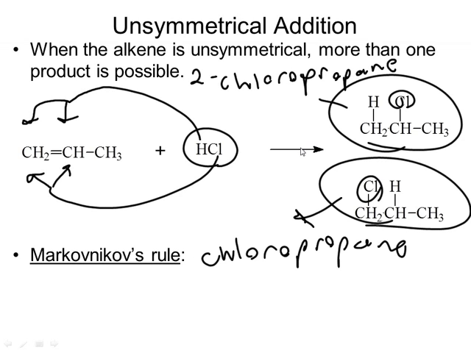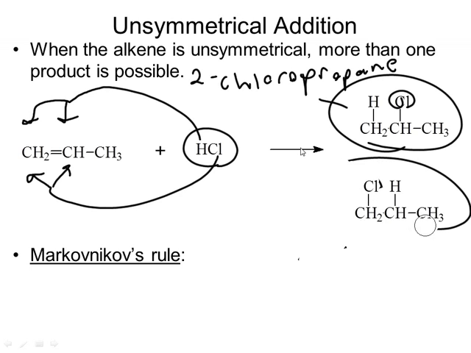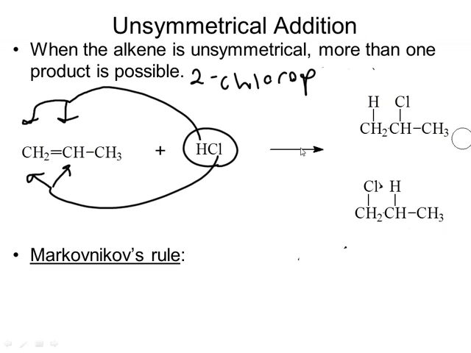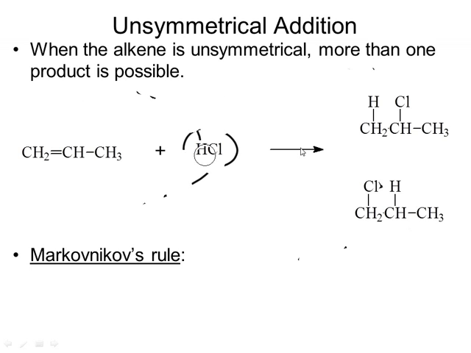So there's a rule to tell us which one we get. Now, in truth, you get a little bit of each, but one is way favored over the other. And in fact, the one that's favored is actually this one.